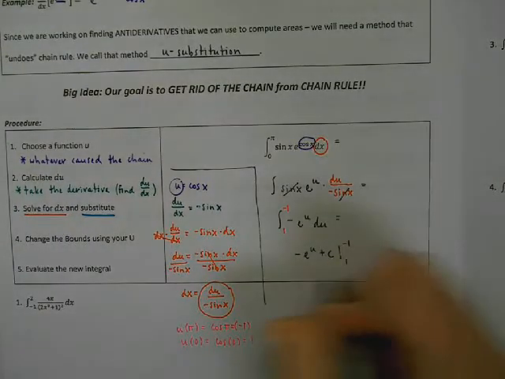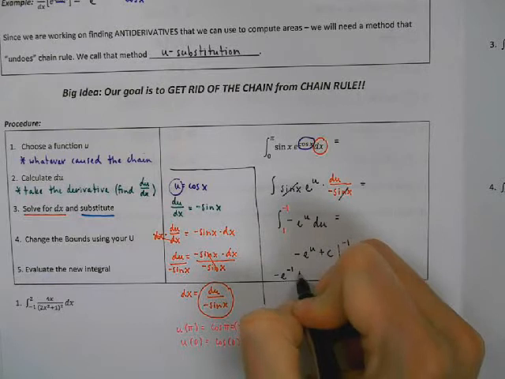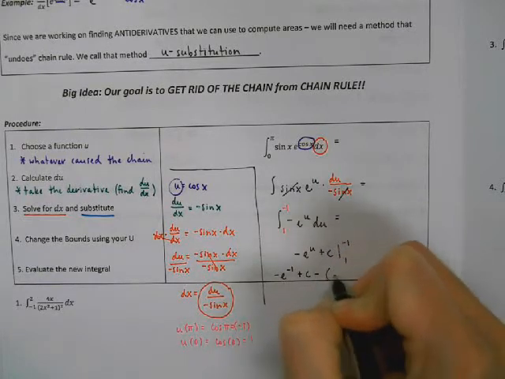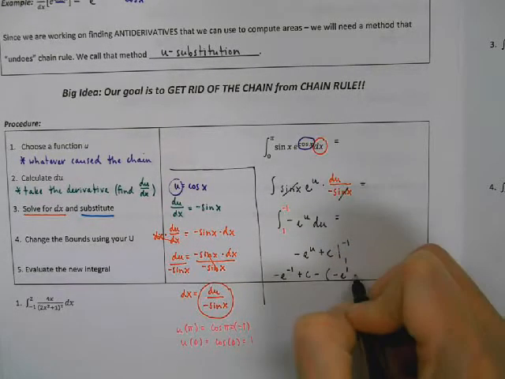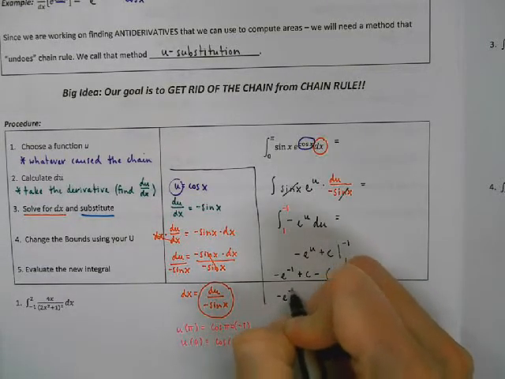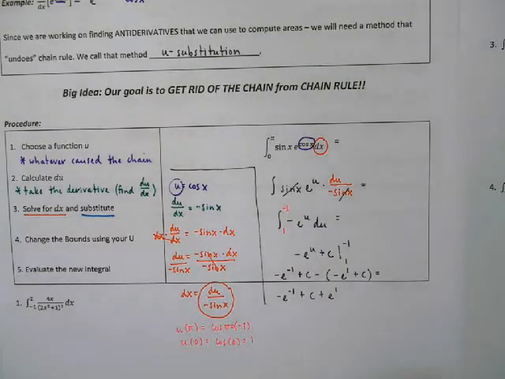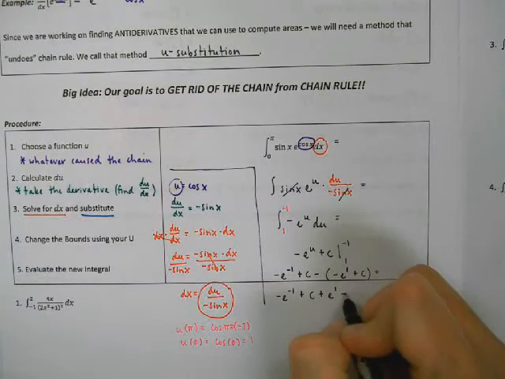So I know that I'm going to have the opposite of e to the -1 plus c, and I'm subtracting the opposite of e to the 1 plus c. So I'm going to have negative e to the -1 plus c plus e to the first power minus c.